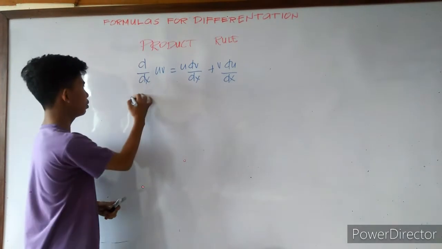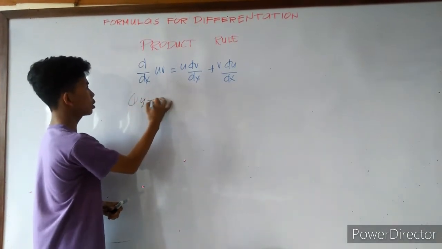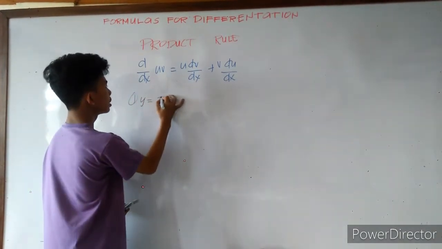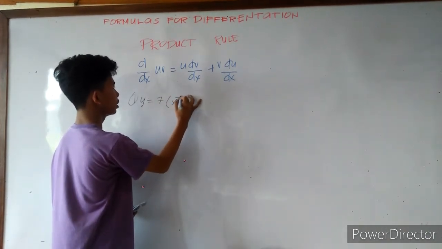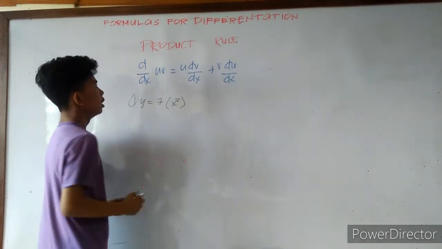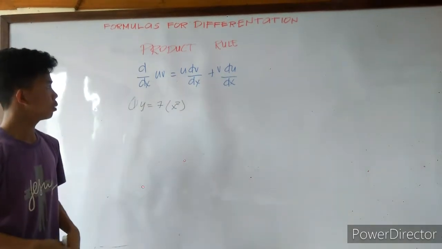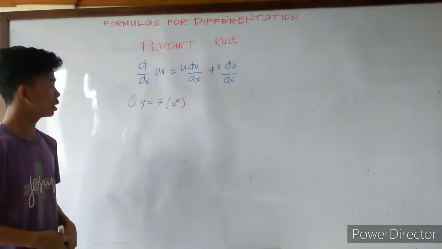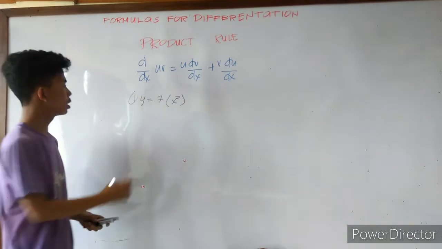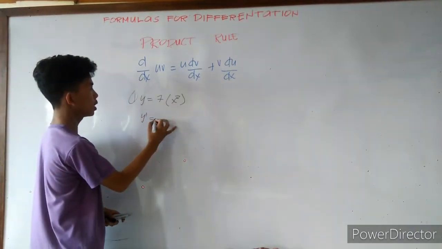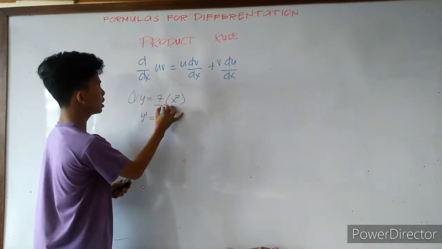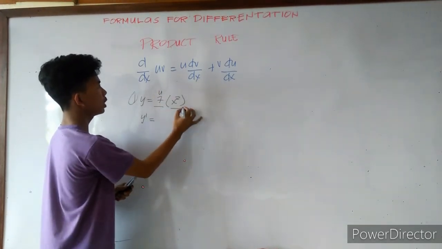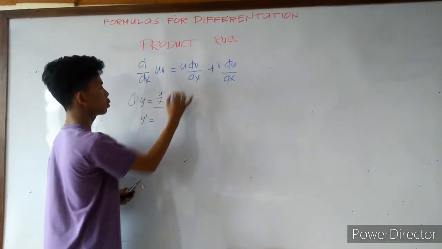This example. Example number 1, y is equal to 7 times x squared. When we answer this, just based on the formula, y prime is equal to copy the u, where your u is 7 and your v is x squared.